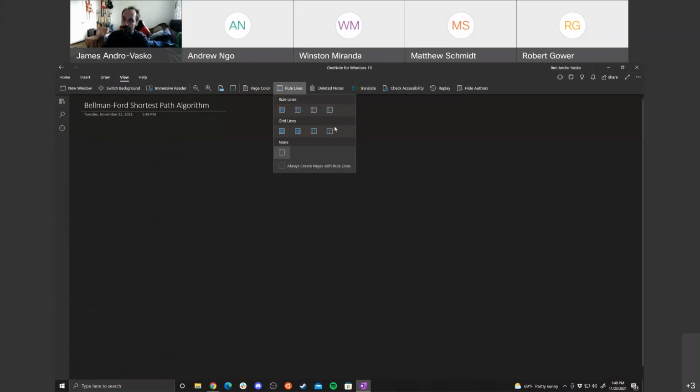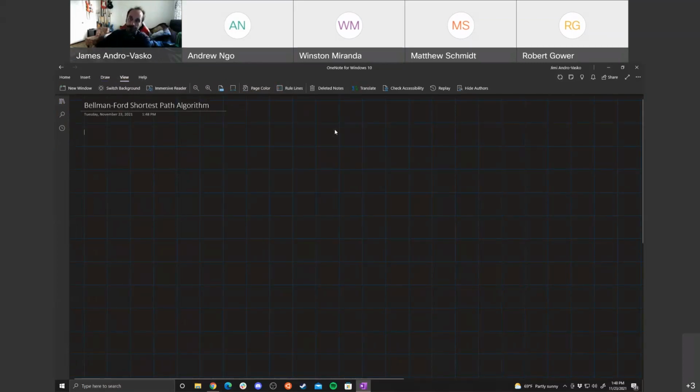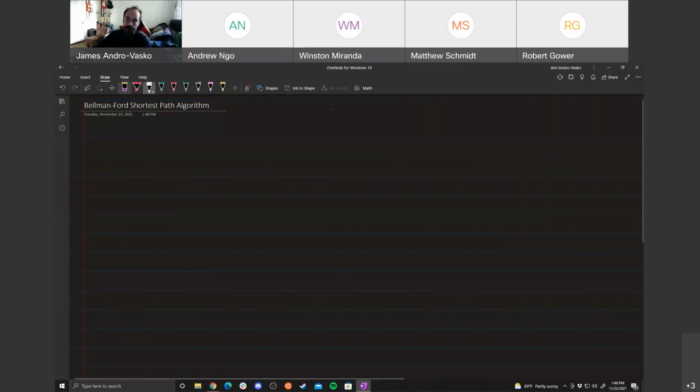I'll probably use maybe a grid so it's easier to draw the graph. Maybe not. Maybe I'll just use the lines like this. Yeah, good enough.